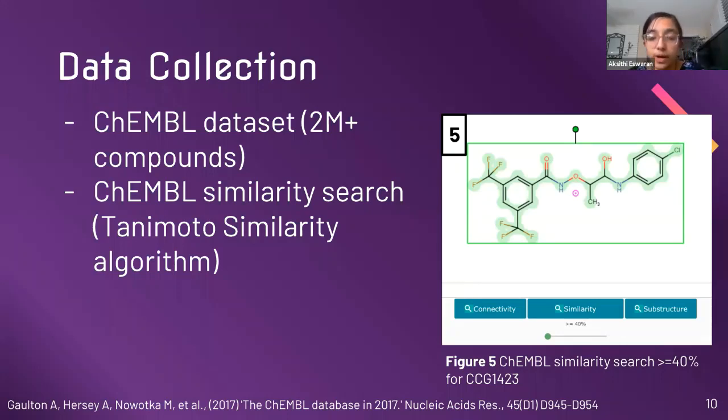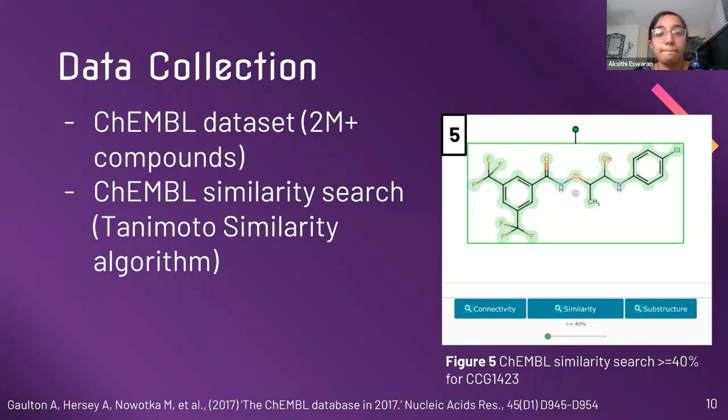Using the two positive controls that Ojasvi mentioned, we used this similarity search to get a list of 84 compounds that are at least 40% similar to the positive controls. The ChEMBL similarity search uses a Tanimoto similarity algorithm, which basically scores compounds against each other for their chemical and structural similarity.